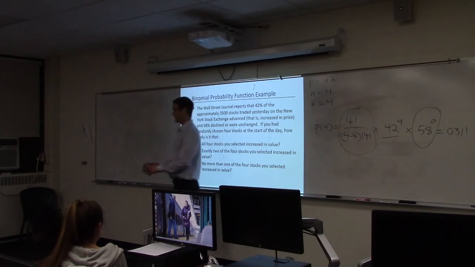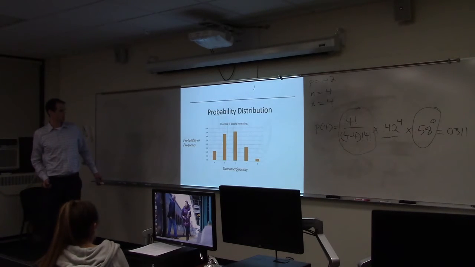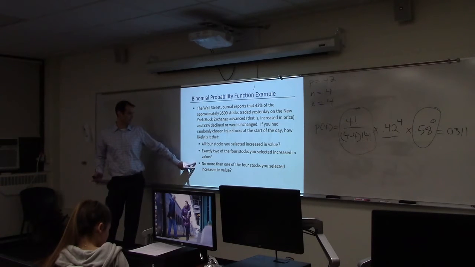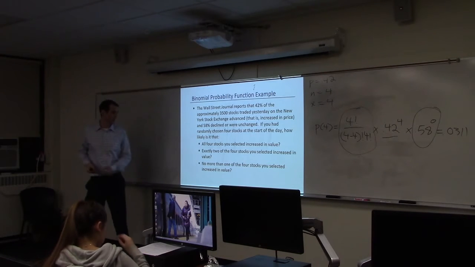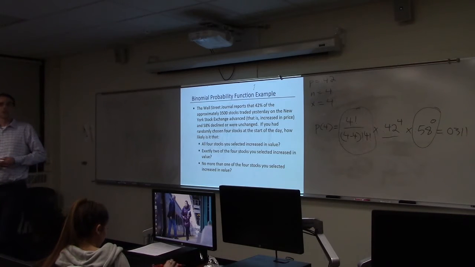We're gonna take a break momentarily, but just let me finish off this. Okay. Let's think about these next 2. Let's just intuitively think about how we would solve them without doing the calculations. What's the probability that exactly 2 of the 4 stocks you selected increased in value?